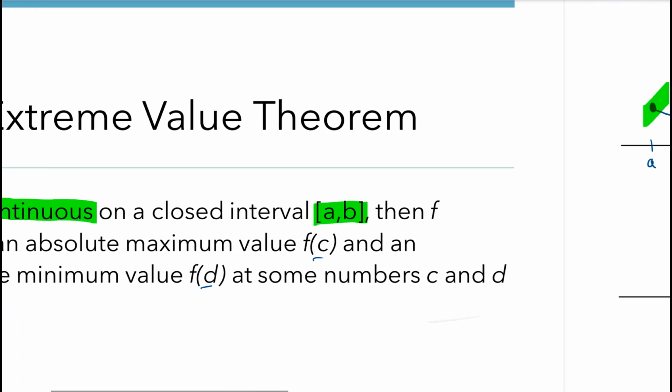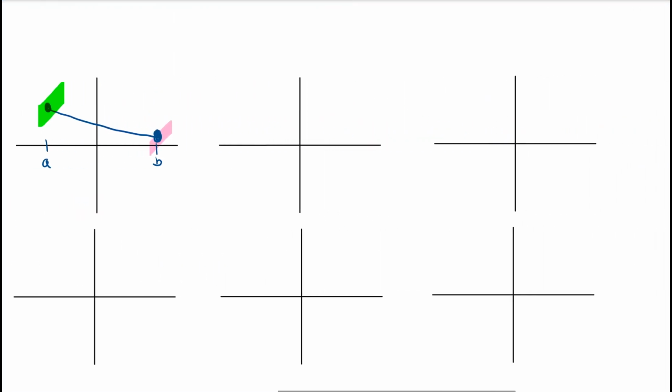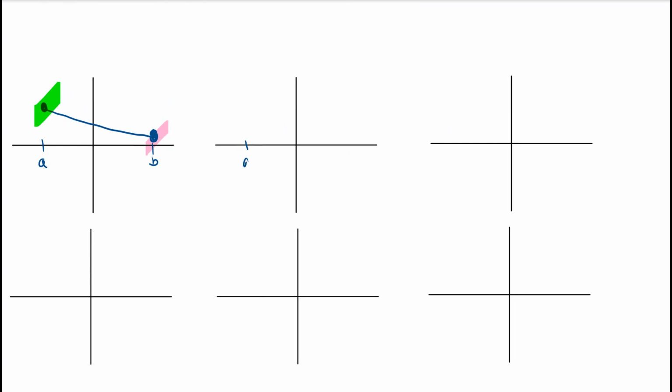Remember, continuous. So now let's make some other A and some other B. Let's make them at the same height. And maybe now it goes up and we go through. So then we have some sort of max hanging out right here, and I think the min would be right here.